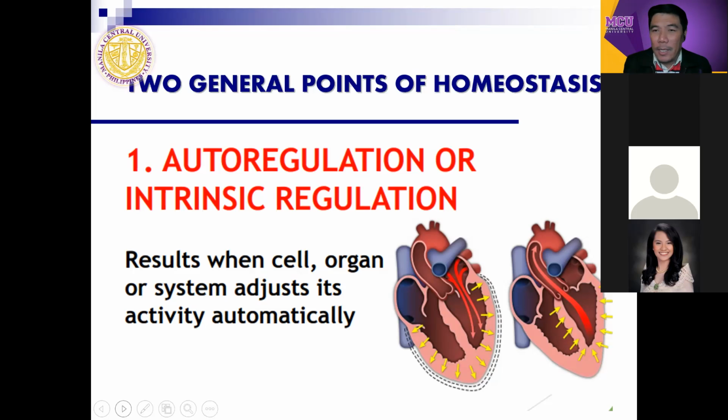If the myocardial cells become more positively charged, this will facilitate contraction of the muscle. And if the myocardial cells become negative, that's the time that the muscles will be relaxed and facilitate diastolic pressure.